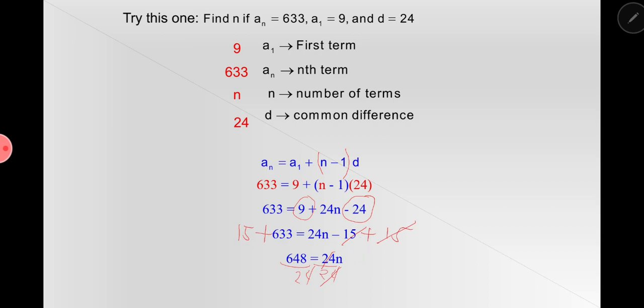So, 648 divided by 24, we have n equals 27. So, now, that 633 is the 27th term. Okay?